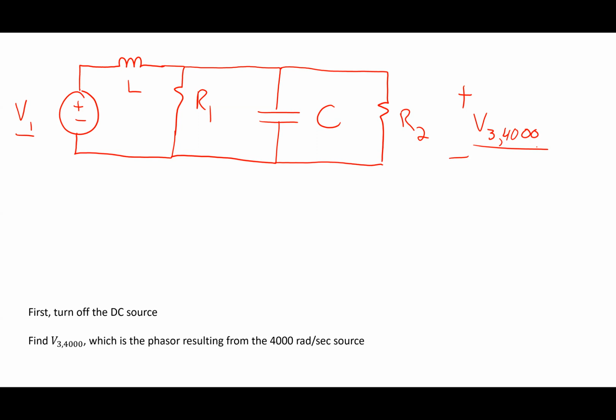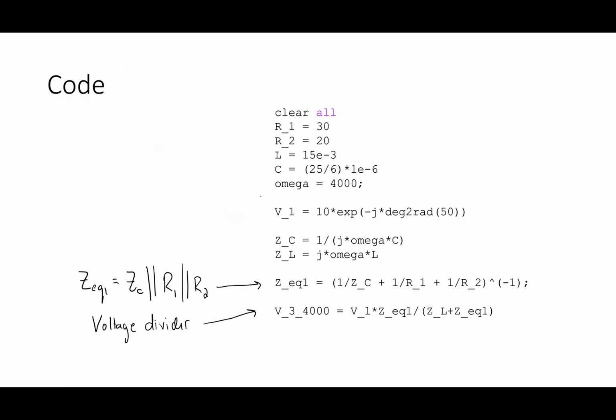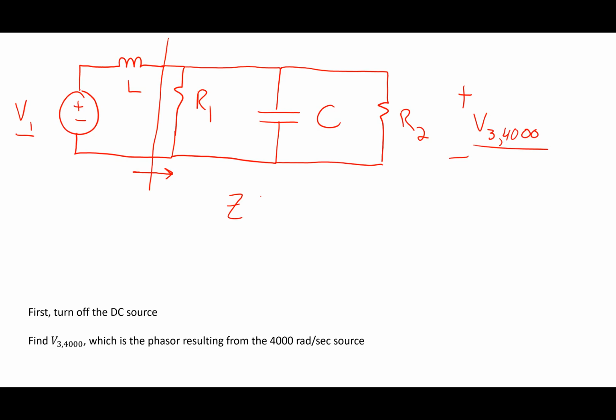What do I do with those impedances, R1, C, and R2? Give me an equivalent circuit. For me, an equivalent circuit means I draw a line right here. Everything to the right of that line can get replaced with a single impedance. So what would that be? Right. Let's call it, what did I give it a name? ZEQ1.